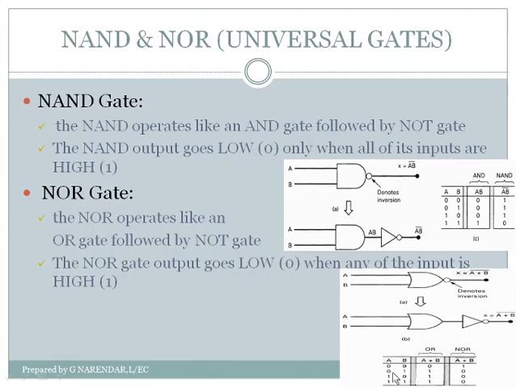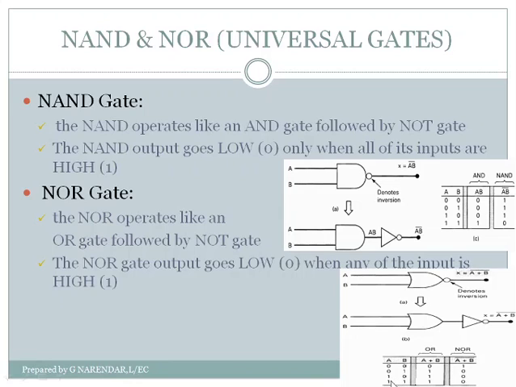In the third case, A equal to 1 and B equal to 0, the output of NOR gate becomes (A plus B) bar, it is (1 plus 0) bar, and 1 plus 0 is 1, and 1 bar becomes 0. So the output of NOR gate in this case becomes 0.